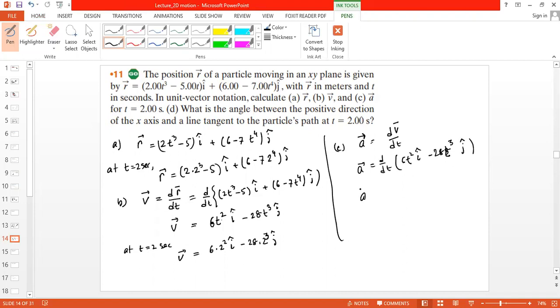So acceleration will be 12t i minus 3 times 28, that will be 84 t squared j. Okay, this is the expression for acceleration. And to find the value of acceleration at t equal to 2 seconds, you have to replace t by 2. Just replace t.